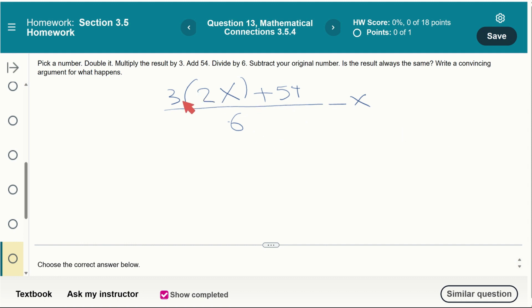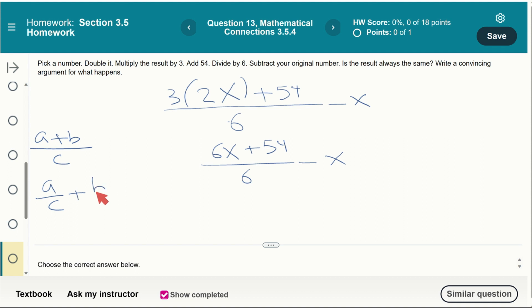So we know that 3 times 2x is 6x. So we have 6x plus 54 divided by 6 minus x. Now, you know that when we have an expression of the form a plus b over c, that's going to become a over c plus b over c.